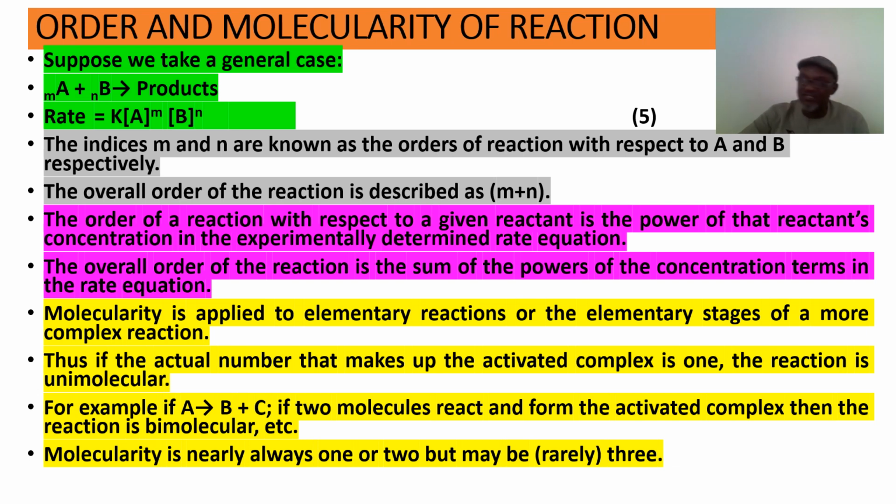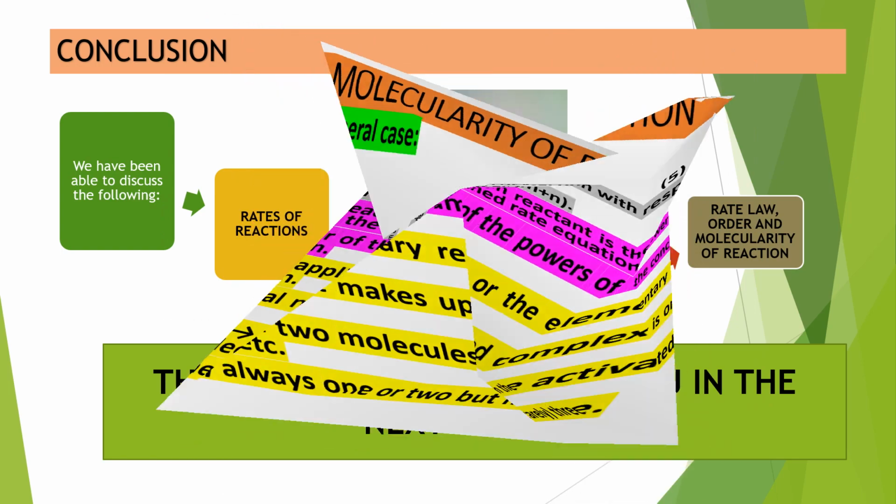This one will be fighting the other one, which reduces to 2. So molecularity is either one molecule, which is unimolecular, or 2 molecules, which is bimolecular. Sometimes it can be trimolecular, but very rare. But it's difficult to get molecularity up to 4 molecules.